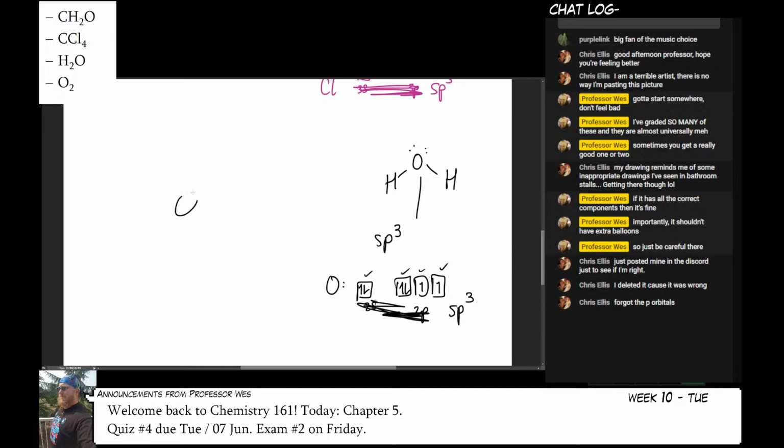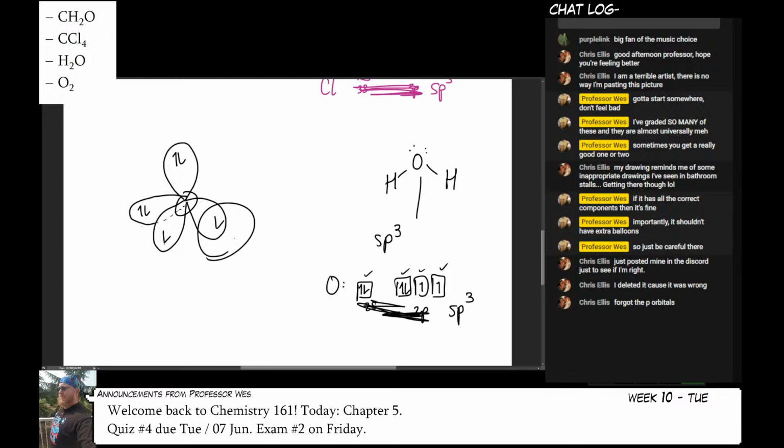So I'm going to draw my oxygen. And we'll draw an sp3 orbital, and an sp3 orbital, and an sp3 orbital, and an sp3 orbital. Ooh, I don't know why that one didn't draw. And then in 2 of those, we'll put 1 electron in each of those.